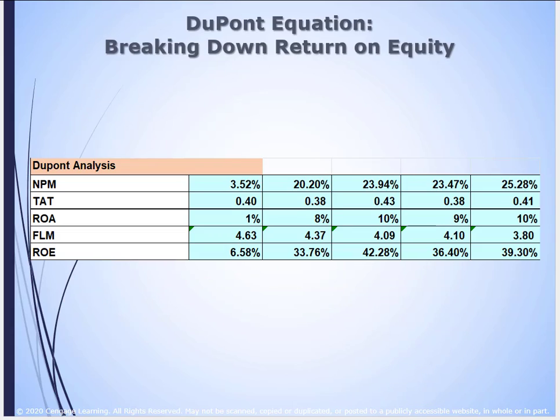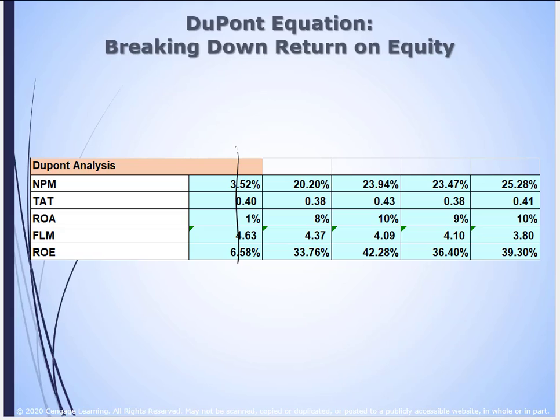So if we look here at the DuPont equation for Coca-Cola, again, let's ignore the first year because that's messed up because of profitability. But if we go across the board, what do we have? Relatively stable profit. We have relatively stable efficiency.